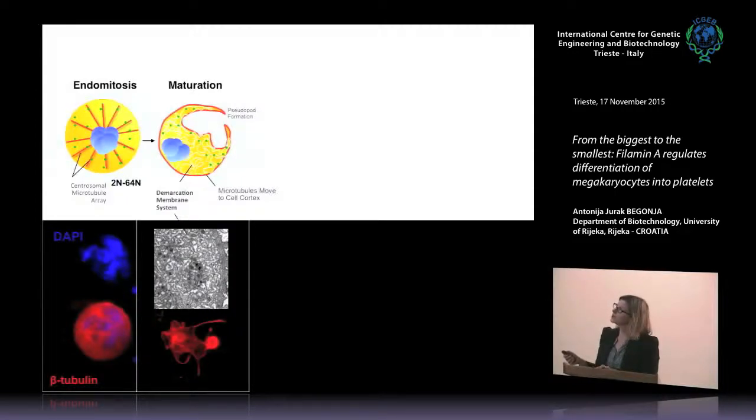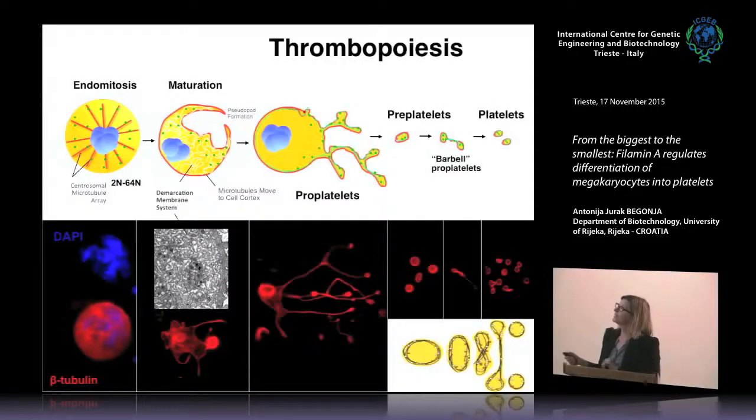So the mature megakaryocyte, after protein and lipid synthesis and granule formation that will be transferred to platelets, starts to make pseudopods, thick pseudopods, and finally from this stage the megakaryocyte is turned into proplatelets. It's not a simple process, so this is an intermediate stage. These are represented here by staining with beta tubulin.